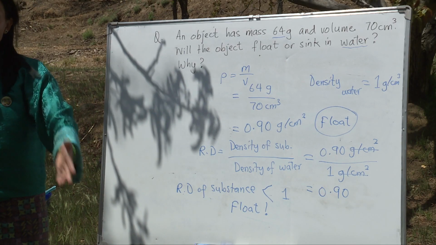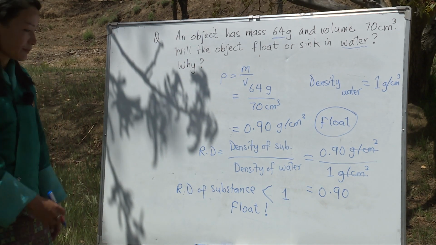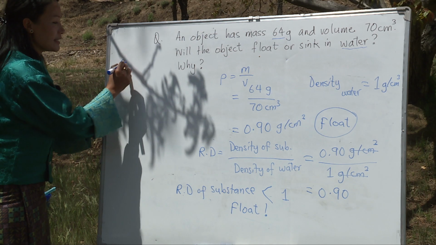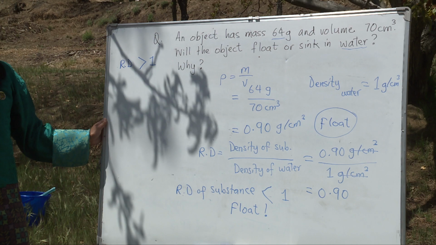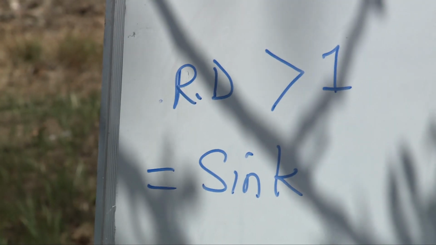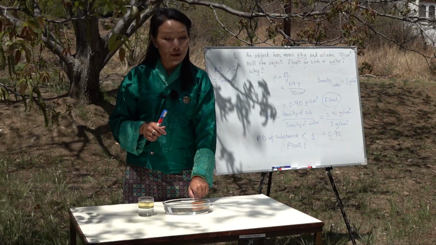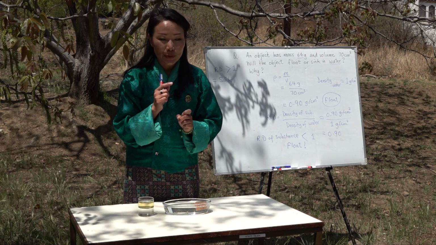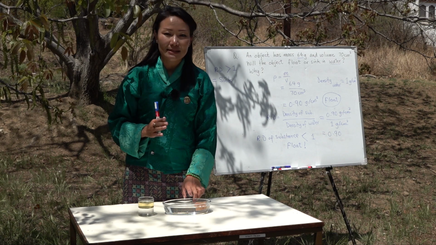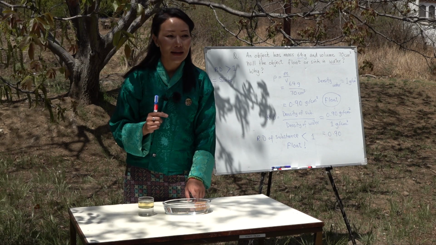Now, what do you think will happen if the relative density of the substance is greater than 1? If the relative density is greater than 1, what do you think will happen? Yes, this substance will sink. Coming back to this prop again, if you find the density of wood divided by the density of water, you will find that the ratio is lesser than 1, which means the relative density here is lesser than 1.